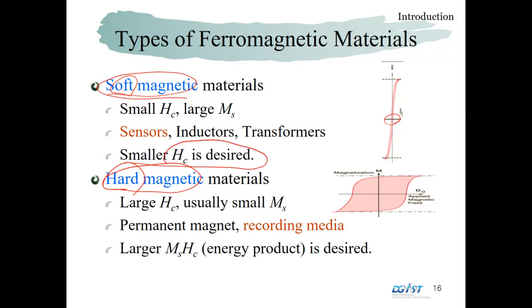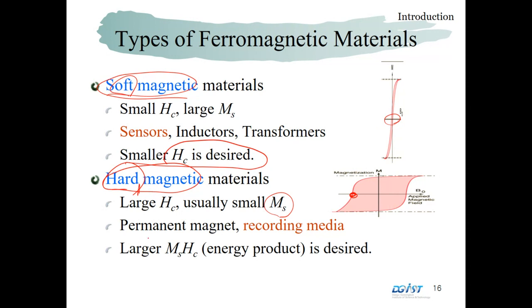It is very important in many industrial applications, like the design of sensors and transformers and so on. And a hard magnetic material, which we usually call a permanent magnet, is classified as hard. Compared to the soft magnetic material, they require a large coercive field. But usually the MS value is smaller.